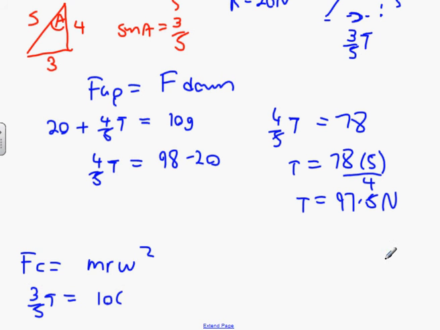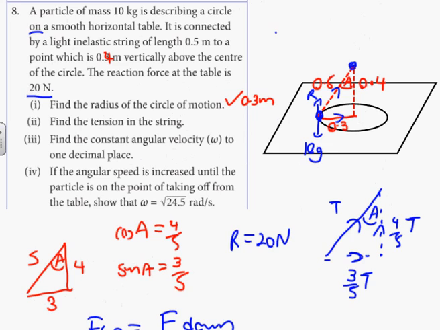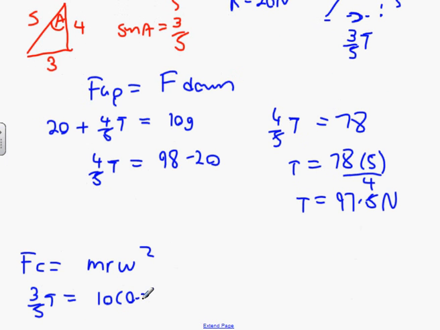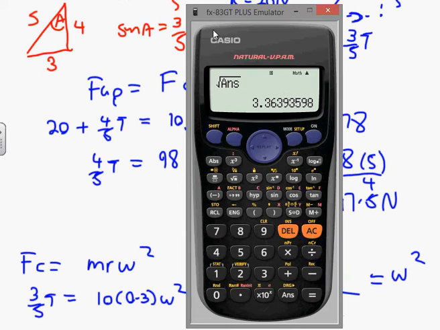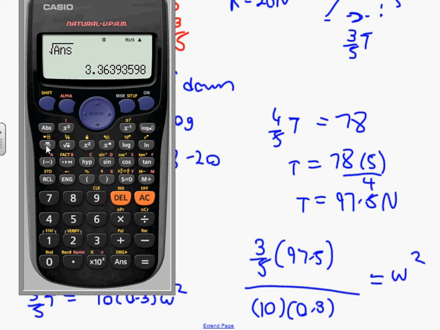Your radius is 0.3, and your angular velocity, you haven't got a clue about it. Okay, guys, so it's going to be 3/5 of T, multiplied by 97.5, all of that divided by 10 times 0.3. What do you get? And then you've got to square root the answer. So 3/5 of 97.5, just call it out when you get it.